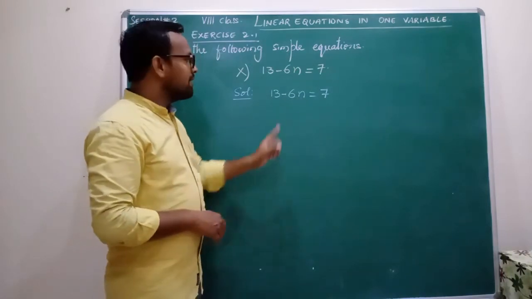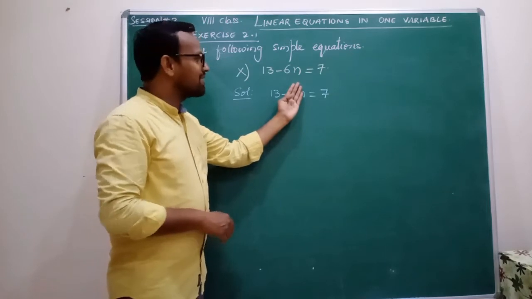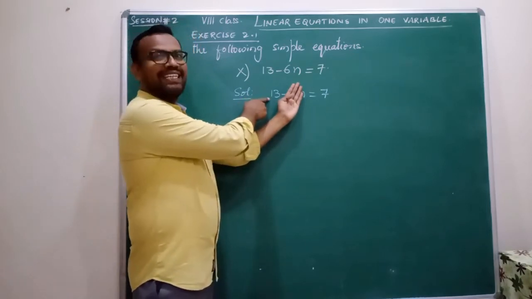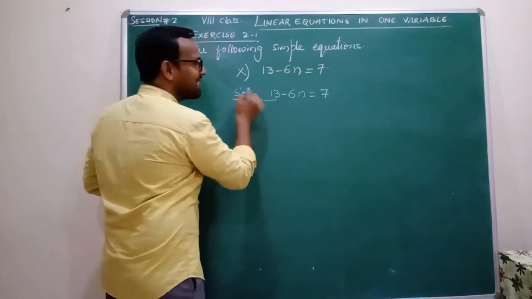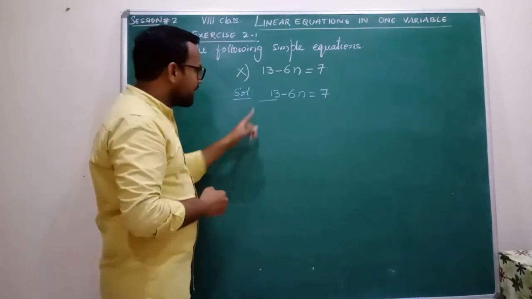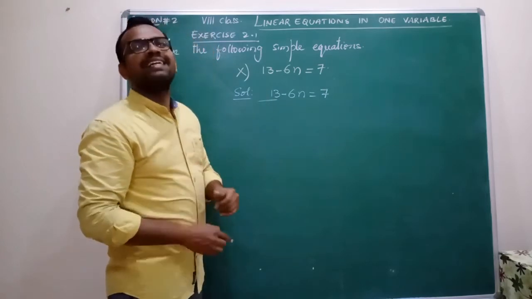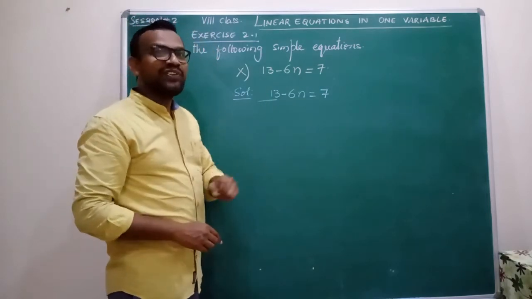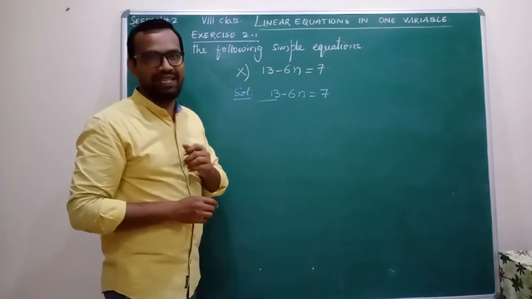The variable term is minus 6n. Other than this variable term, what is present? 13. Can you find any symbol in front of 13? No. If no symbol is there in front of a constant, that means it is positive, plus.